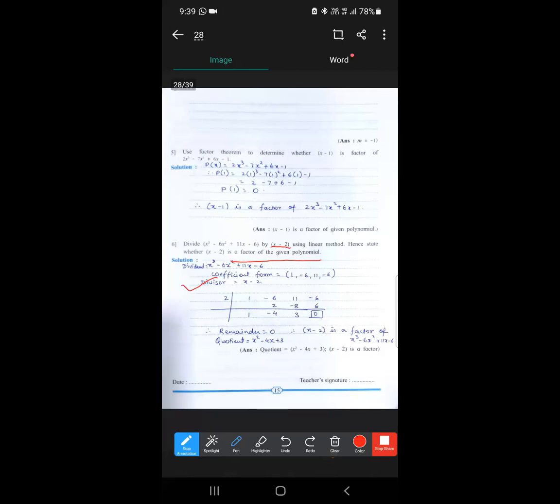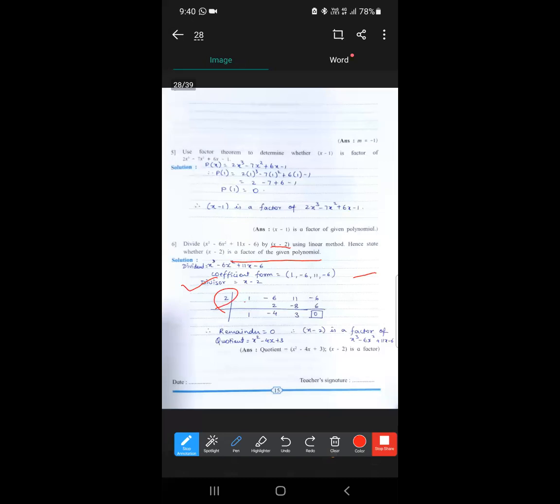Synthetic division, as you know, you should convert the given dividend into coefficient form, and then start with the sum. So the coefficient form, after arranging in ascending order, is 1, -6, 11, -6. x minus 2 means it will be 2.